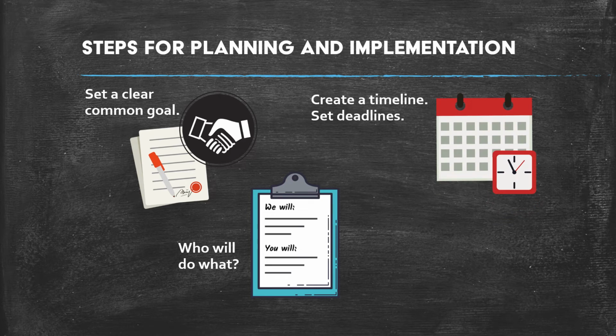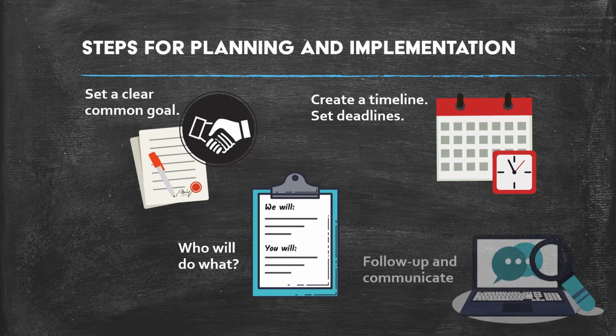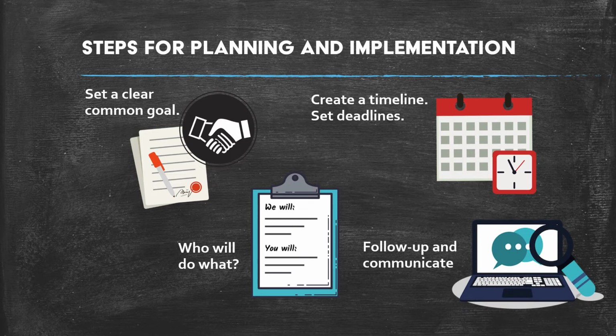Number 3, create a timeline and set deadlines. Stay organized by outlining what should be done by when. Number 4, follow up and communicate. Keep the lines of communication open between groups.